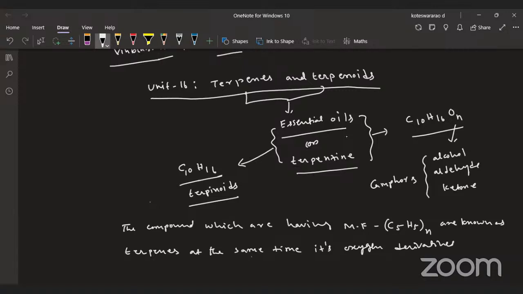That is, the compounds found with the molecular formula C5H8 along with oxygen, maybe N, are known as terpenoids.